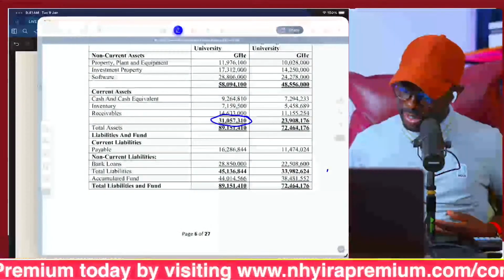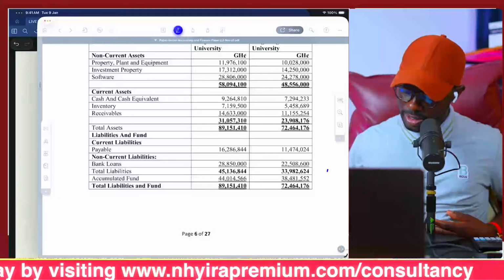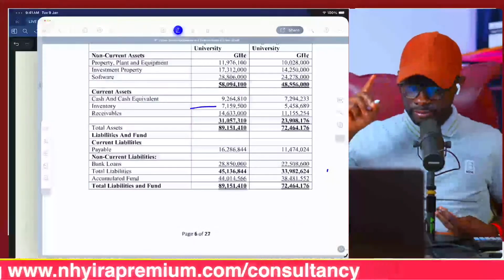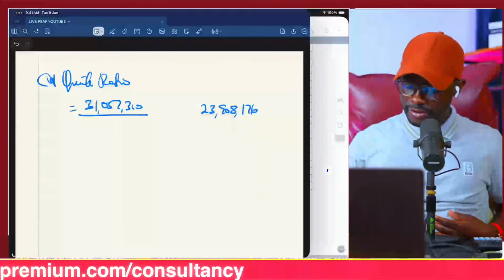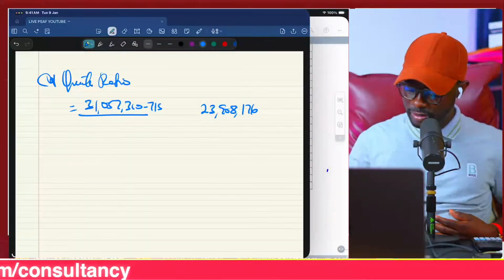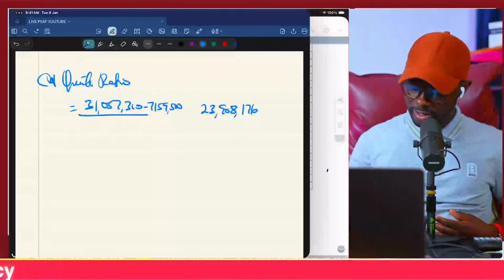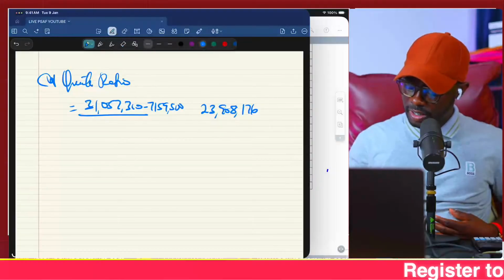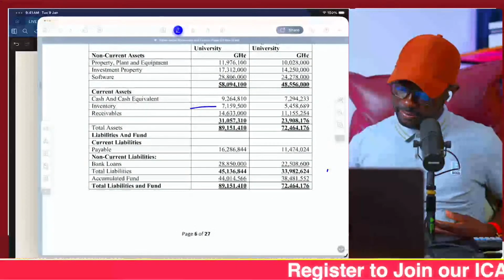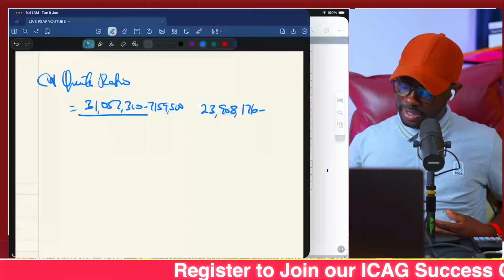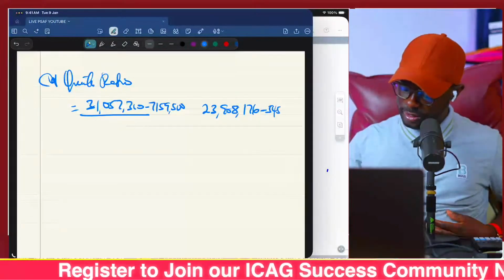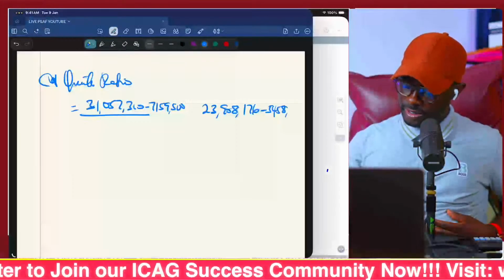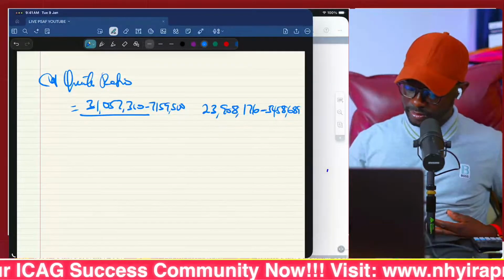So inventory is 7,159,500. Then inventory for this is 54,58,689.